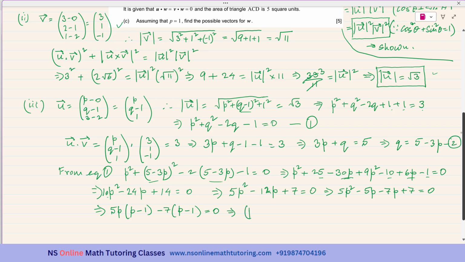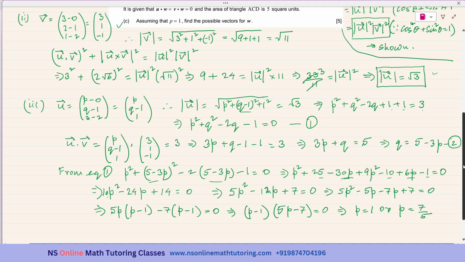Or (p minus 1) and (5p minus 7) is equal to 0. This implies p is equal to 1 or p is equal to 7 over 5.